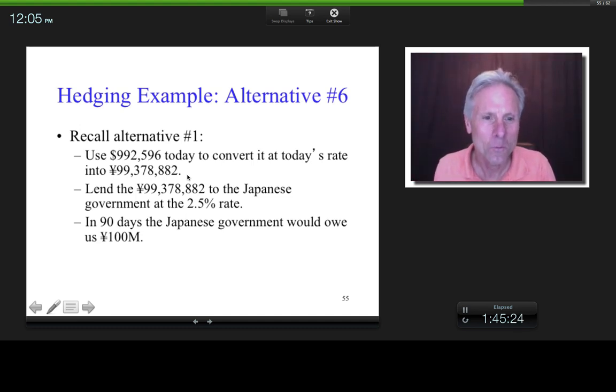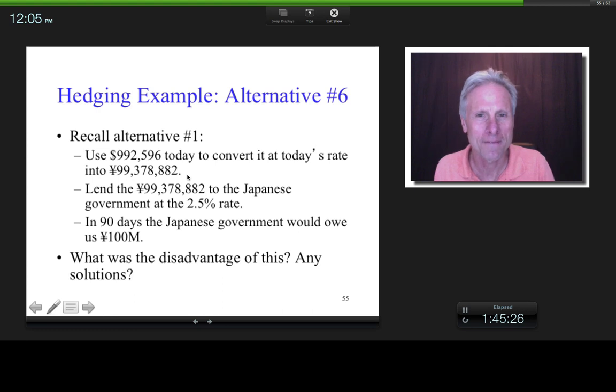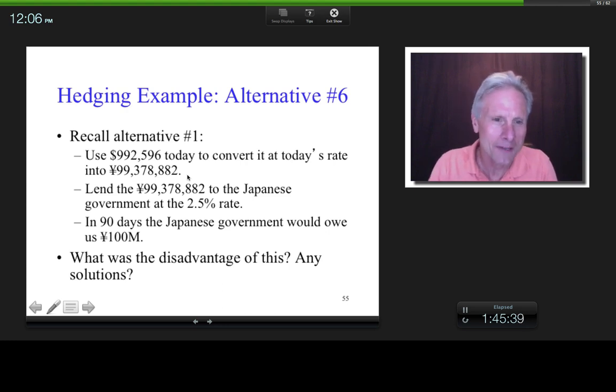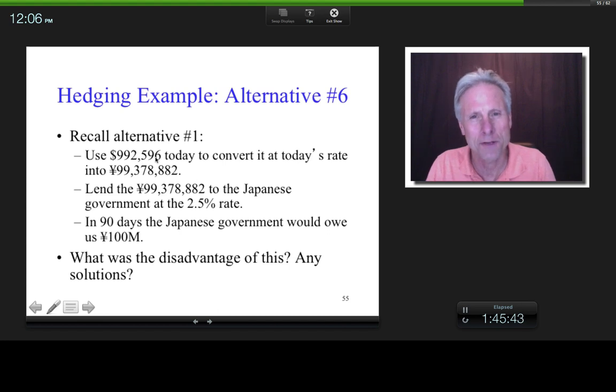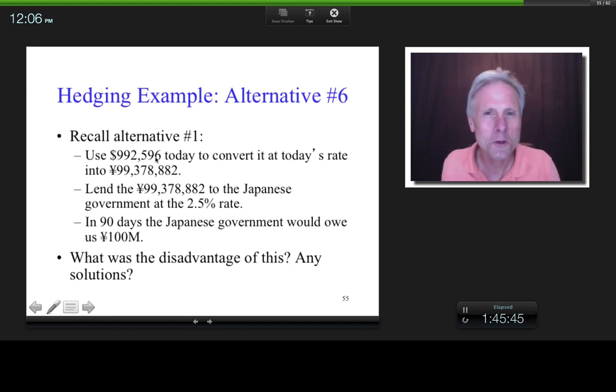But what was the disadvantage to all of that? Well, we were perfectly hedged, but we lost the credit advantage, okay? And so what would be a solution? We had to come up with practically $1 million a day, $993,000 roughly. What could we do if we wanted to regain the credit advantage?